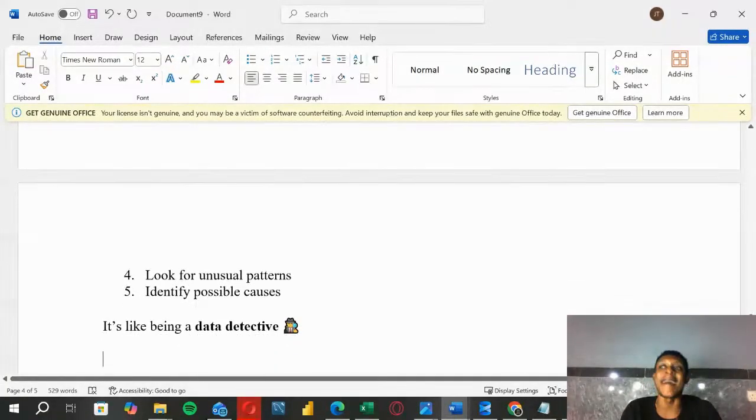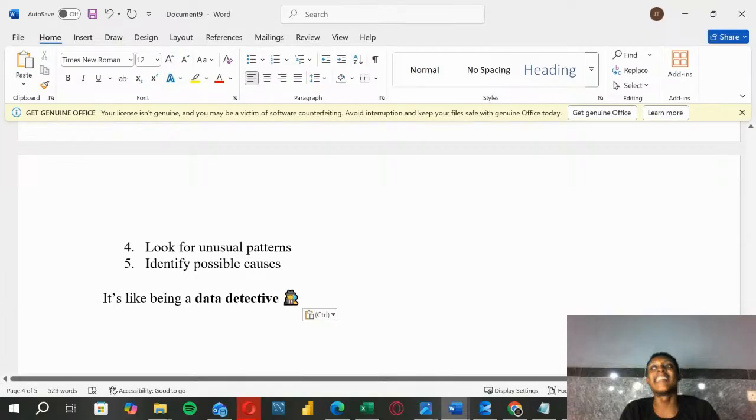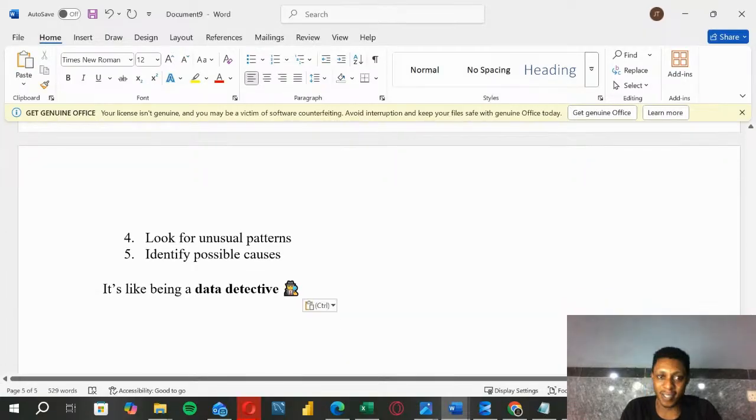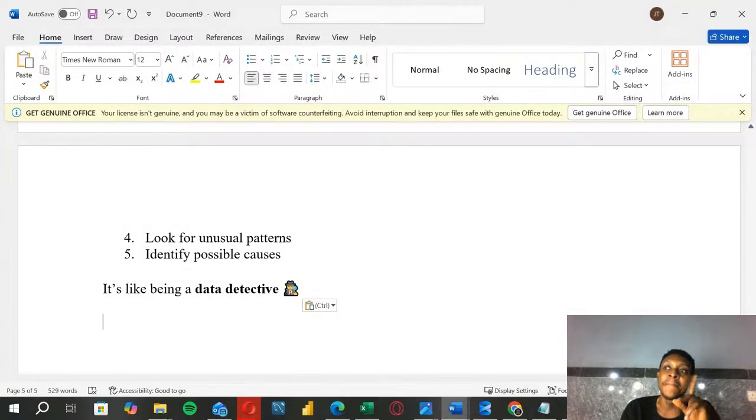Look for unusual patterns. Identify possible causes. It's like being a data detective.